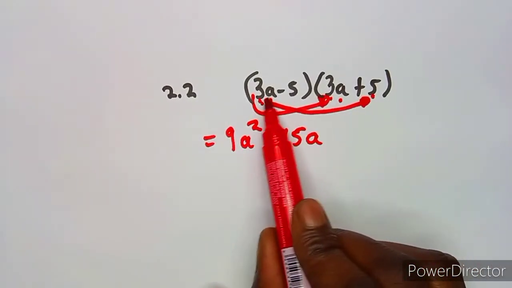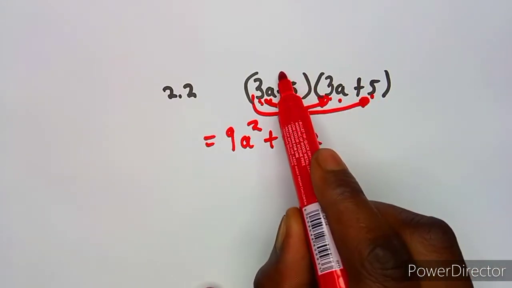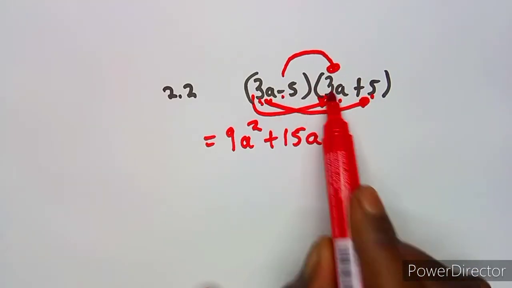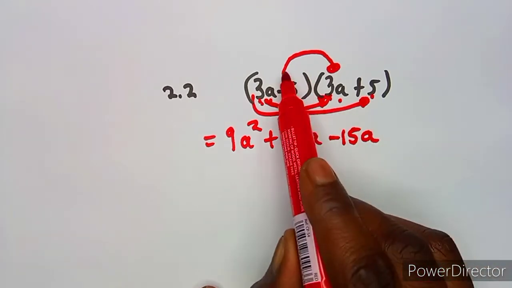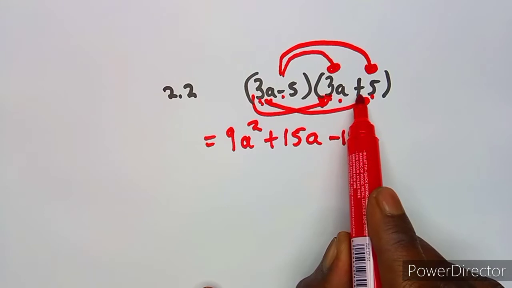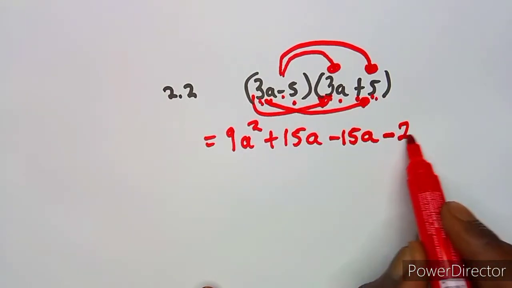As you can see, 3a is multiplied every term. So we're going to move on to minus 5 this term. So it's minus 5 and 3a. So it's minus 5 times 3, which is minus 15a. Now minus 5 and plus 5. So it's minus and a plus, which is a minus. 5 times 5, which is 25, like this.